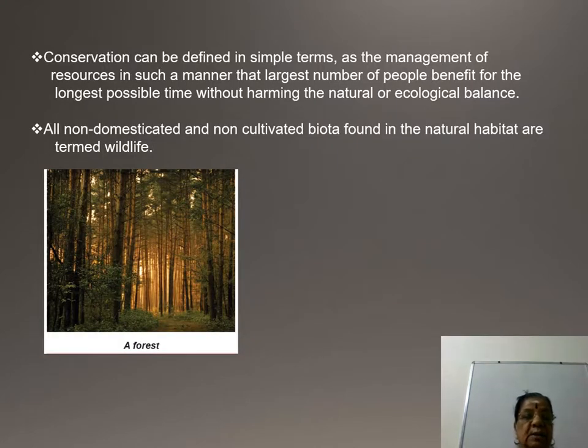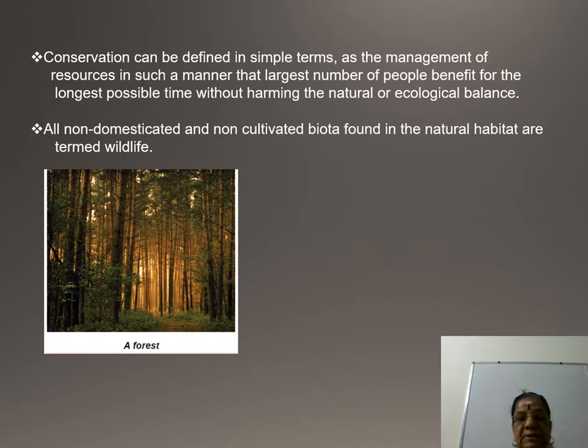The next one, the forest to be conserved. So conservation can be defined in simple terms as the management of resources in such a manner that the largest number of people benefit for the longest possible time without harming the natural or ecological balance. Here in the forest picture, all are tall trees, super beautiful.